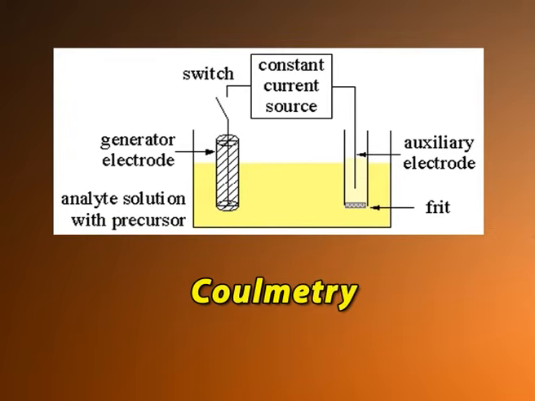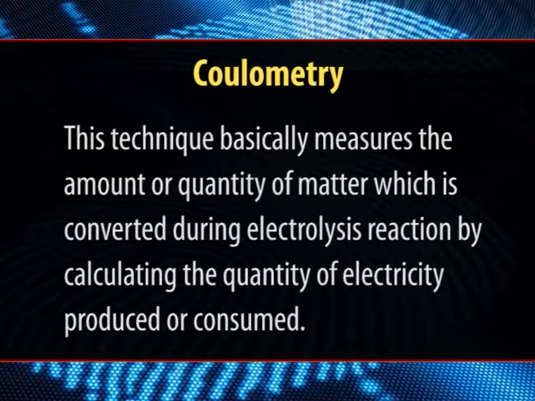Coulometry is an electro-analytical method based on measurement of the quantity of electricity required for converting the analyte quantitatively to a different oxidation state. This technique basically measures the amount of matter which is converted during the electrolysis reaction by calculating the quantity of electricity produced or consumed.